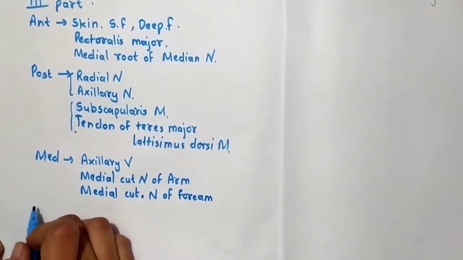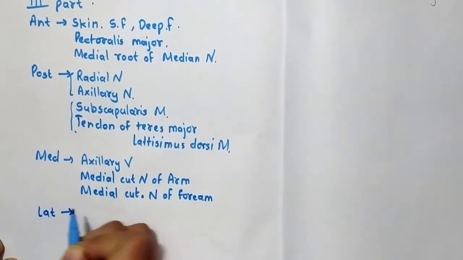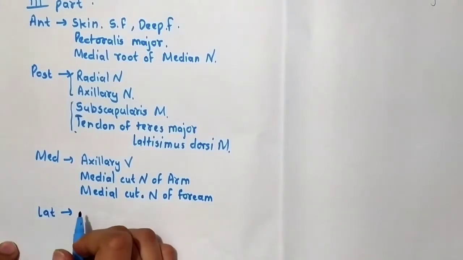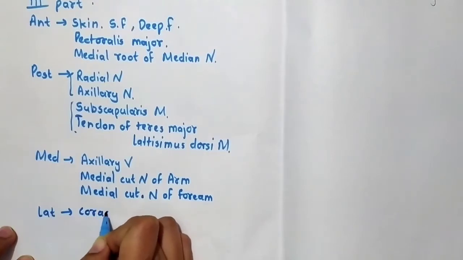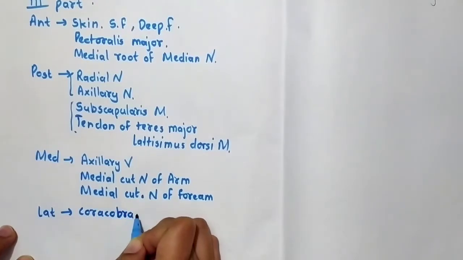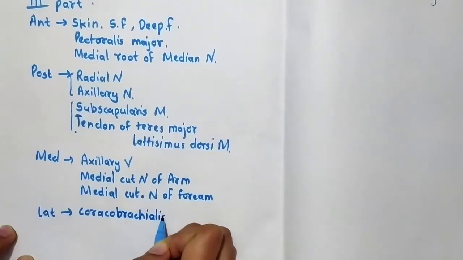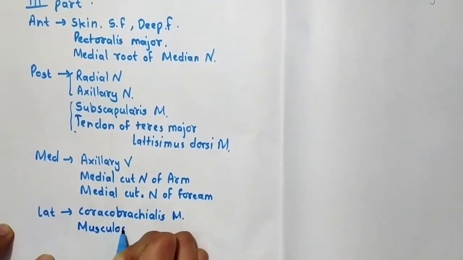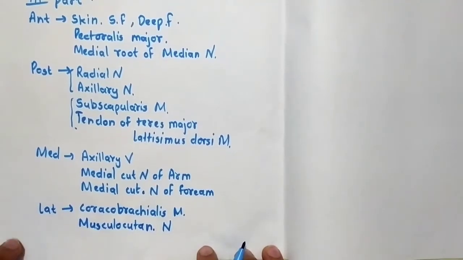Okay, and in the lateral relation there is the coracobrachialis muscle, which is in the posterior relation of the second part. So here it is in the lateral relation. And there is the musculocutaneous nerve, which is a branch of the lateral cord, and the lateral root of the median nerve, and also the median nerve in the lower part.